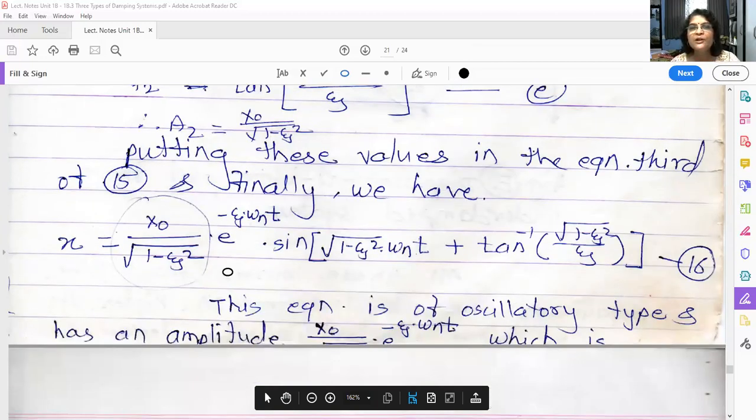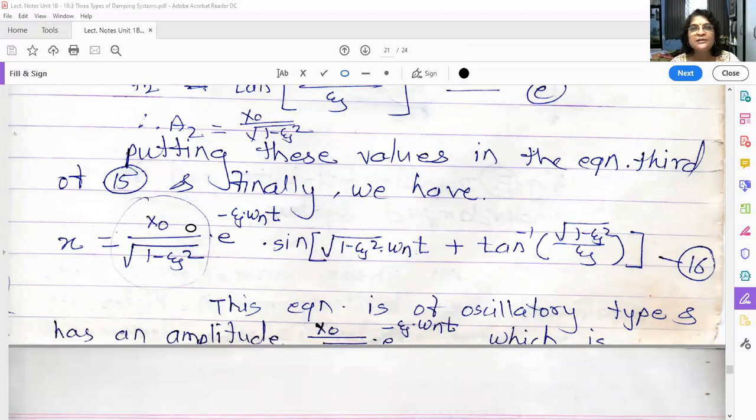What is the amplitude of this equation? See there, xo upon square root of 1 minus zeta square. Okay, so again, this solution has three terms. This represents amplitude, this represents reduction in amplitude in every cycle, and this represents sinusoidal motion, that is vibratory motion.